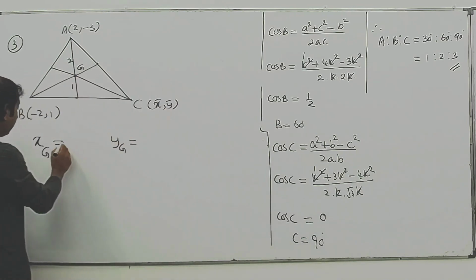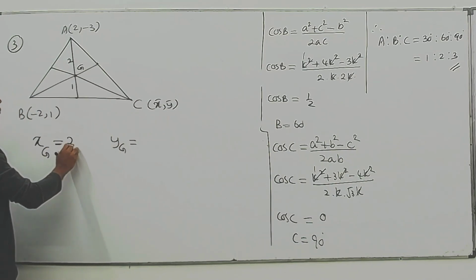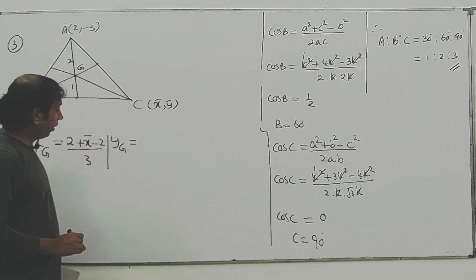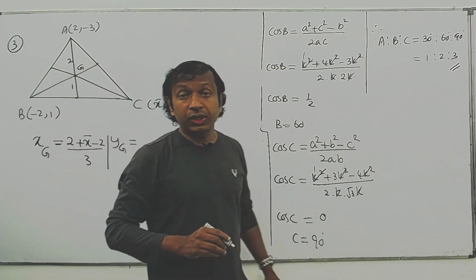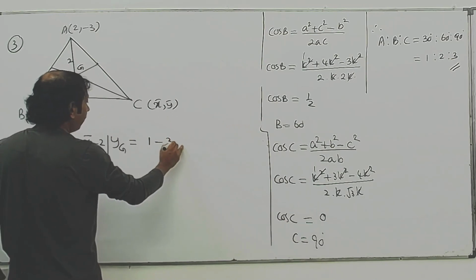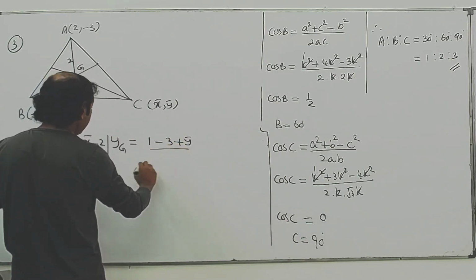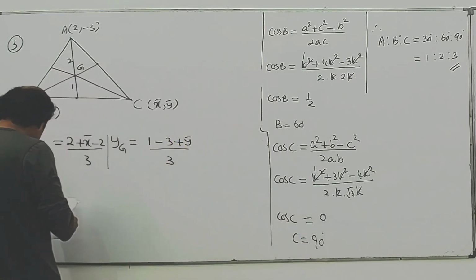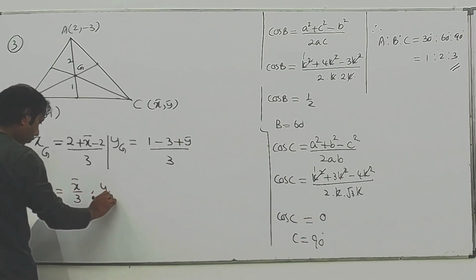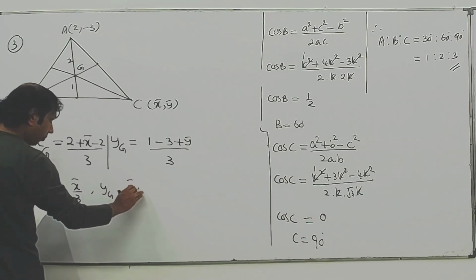Then here we get xg equals (2 + x bar - 2) divided by 3. This theory we proved in the straight line lesson. And y also the same way, yg equals (-3 + 1 + y bar) divided by 3. When you simplify, we get yg equals (y bar - 2) by 3.